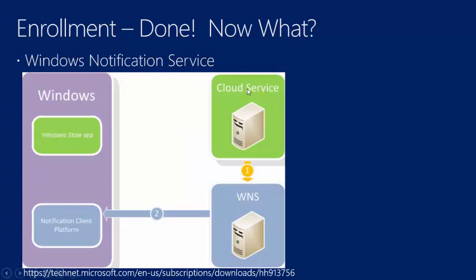So whenever your cloud service, in this case Intune, makes a configuration change, Intune will immediately go over to Windows Notification Service and say, hey, I've made some changes to these devices. Windows Notification Service knows who those devices are and will immediately send a notification to those devices to say, hey, something's changed, you better go check in, right? And that's how it all works.